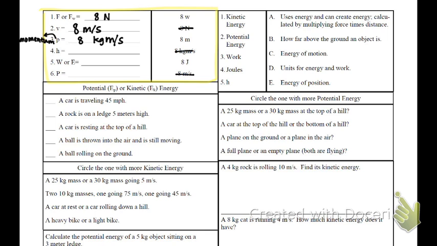What does H stand for? What unit do you use for height? Yeah, meters, some distance. Work or energy, we use the same unit for both of those. Joules. And that leaves P. Capital P stands for power. We measure power in watts. Think about a light bulb being powered.